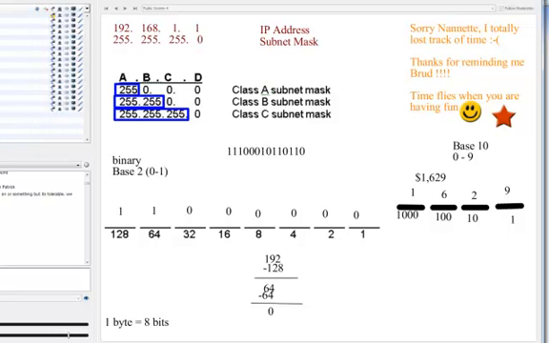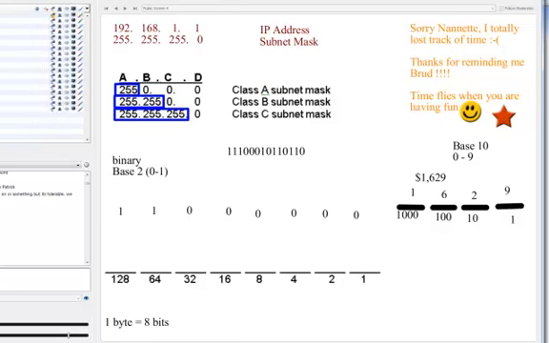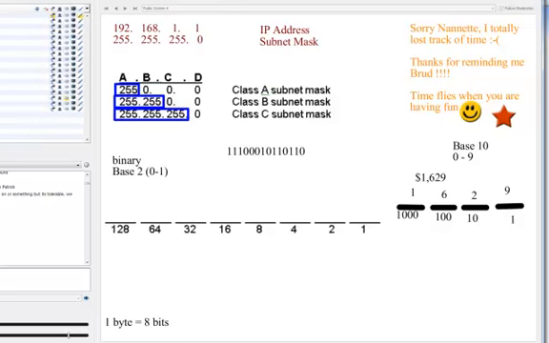So what about the 168? How would you convert that to binary? And I'm going to clear our work area here. We got to look at 168.